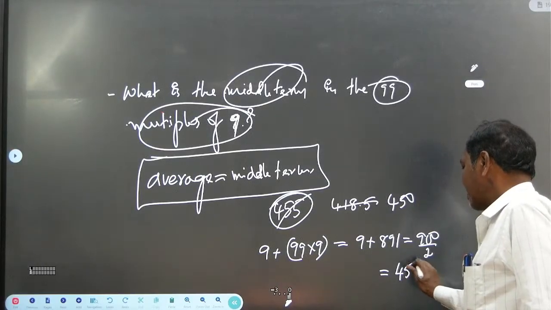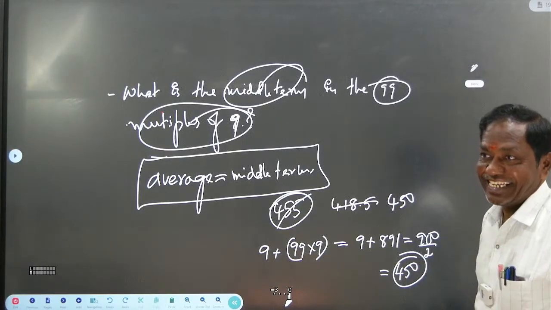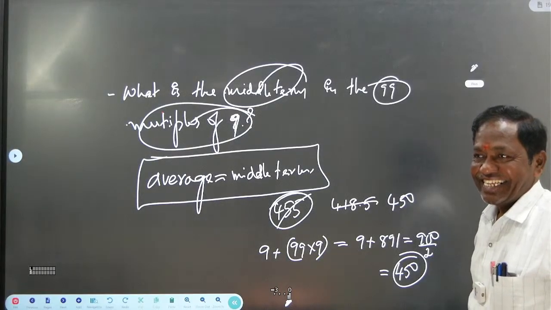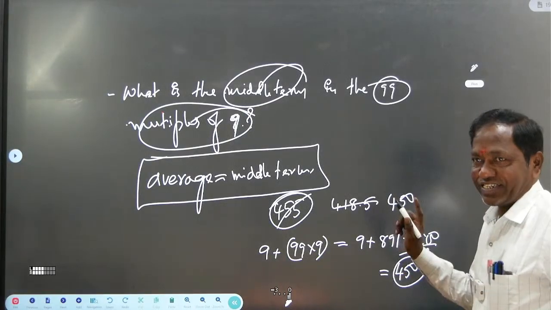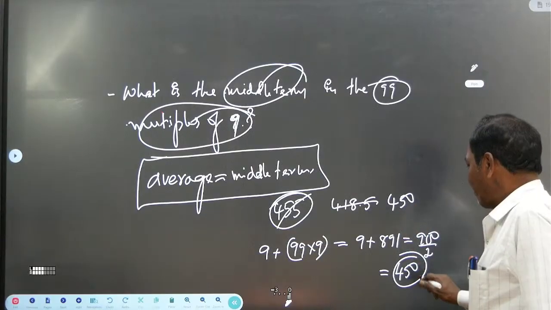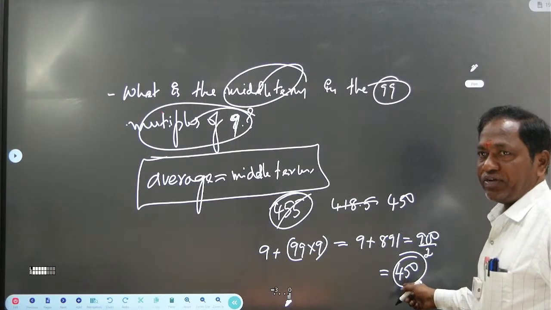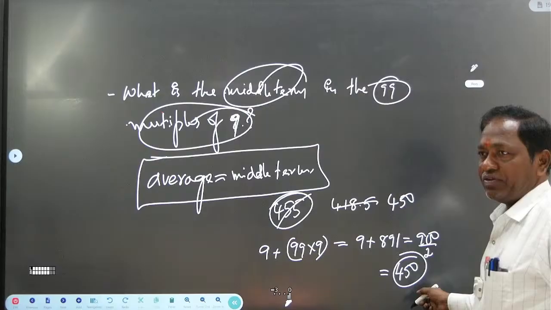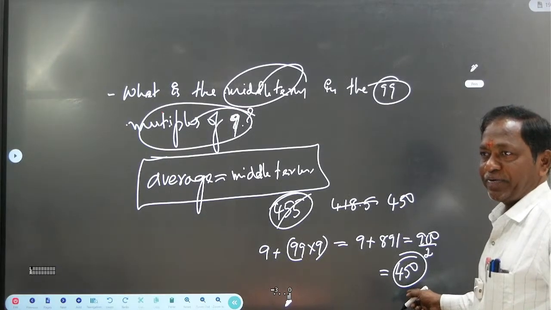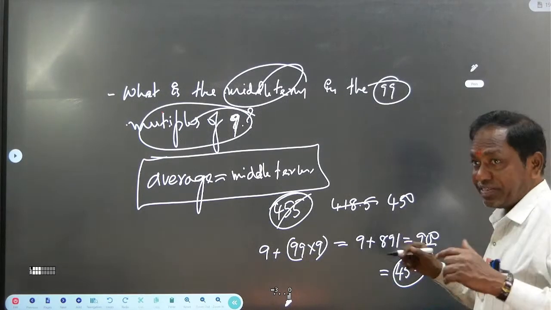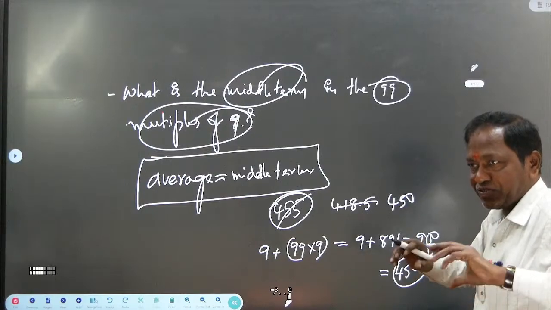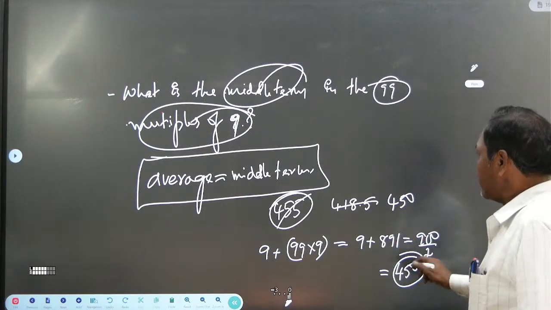This is a cross check. 450, 4 plus 5, 9. 9 plus 0, 9. Multiple of 9. 3 and 9 same. See, all these tricks will help us to solve the crack.